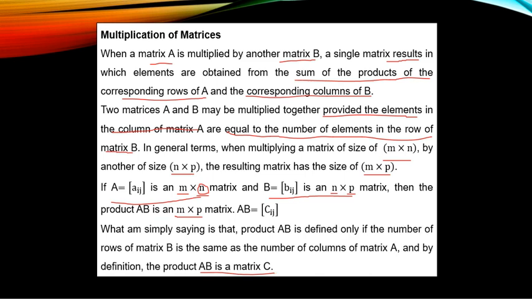One more time, let me repeat that. You only multiply two matrices if the number of columns in the first matrix is equal to the number of rows in the second matrix, or the number of rows in the second matrix is equal to the number of columns in the first matrix.